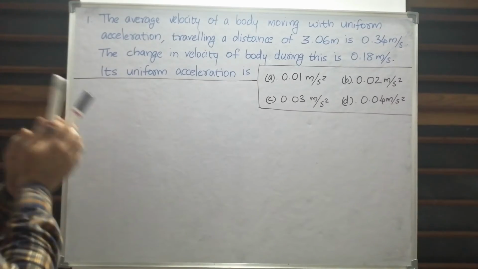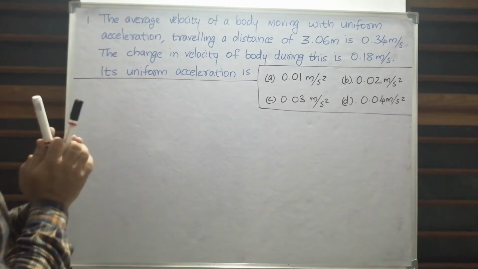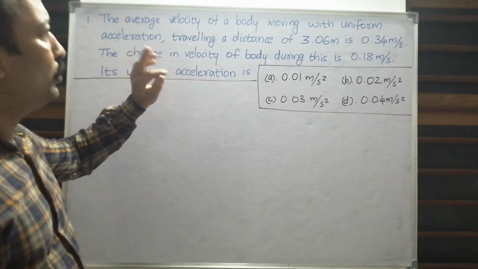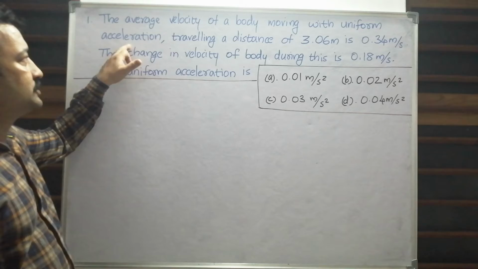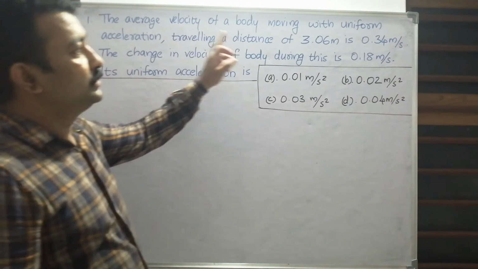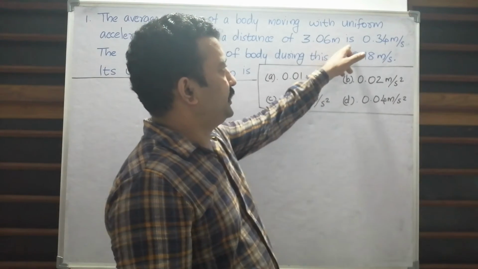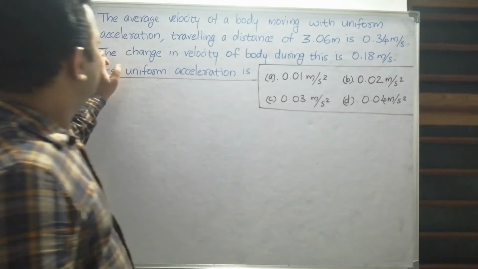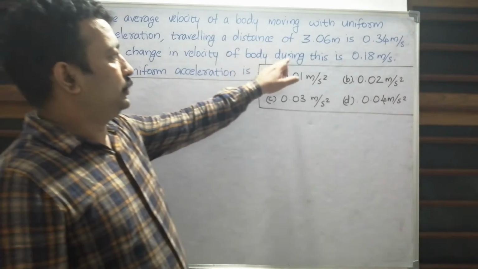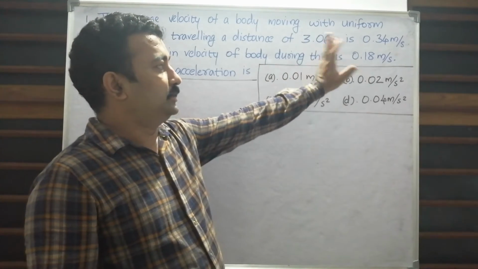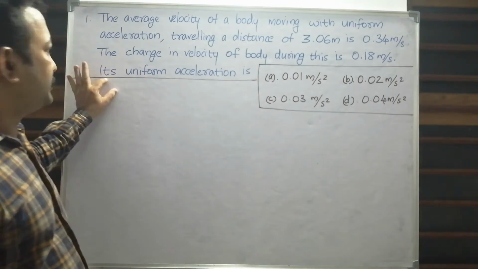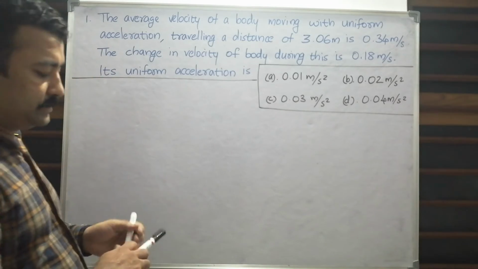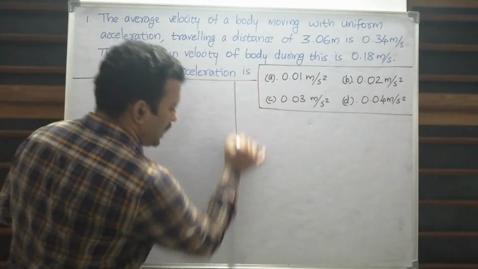We have question number 1, in which the average velocity of a body moving with uniform acceleration, traveling a distance of 3.06 meter, is 0.34 meter per second. The change in velocity of the body during this is 0.18 meter per second. The question is its uniform acceleration.